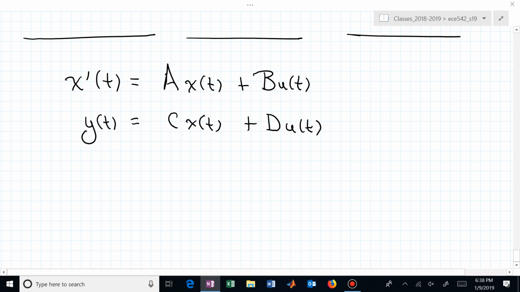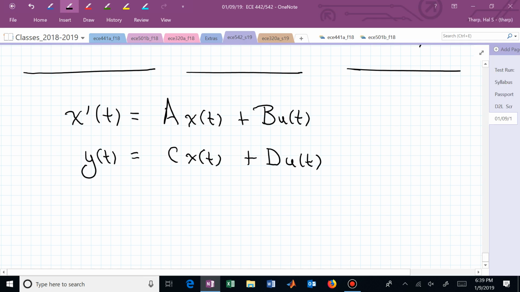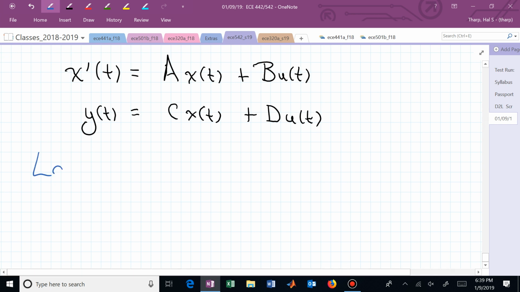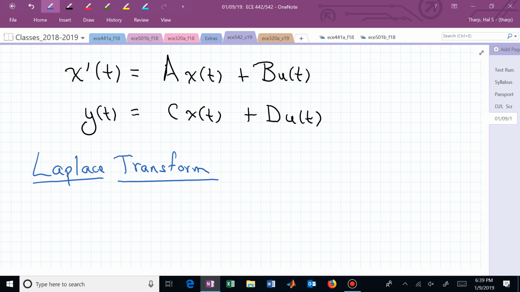But in terms of this ABCD description, if we now Laplace transform that, since you told me that that's what we could do to get into the frequency domain, how do I Laplace transform this system of equations written in a matrix way?